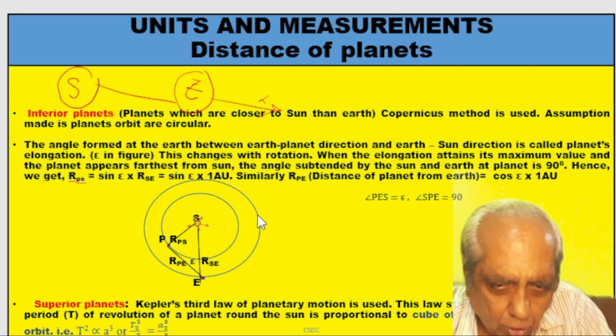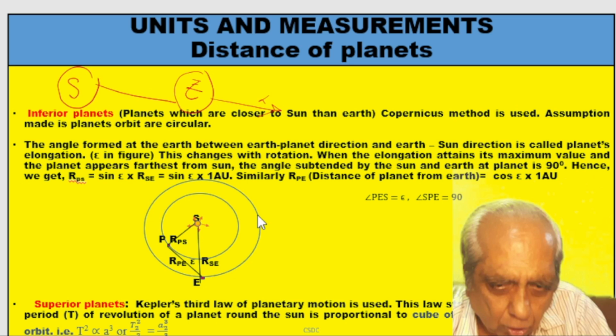This is the orbit in which my planet P is rotating, and the outer circle is for Earth, because this is the case for inferior planets. So the planet is between Earth and Sun.